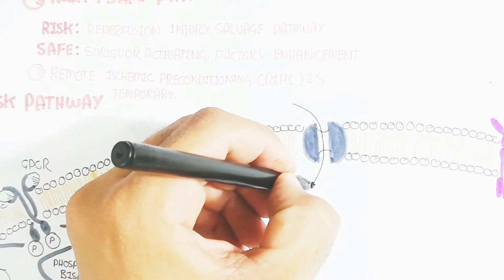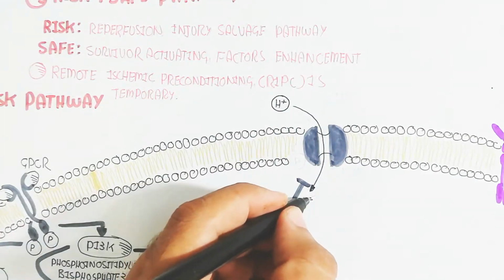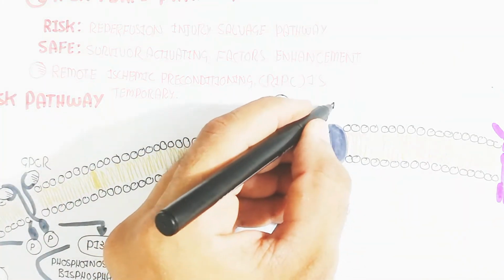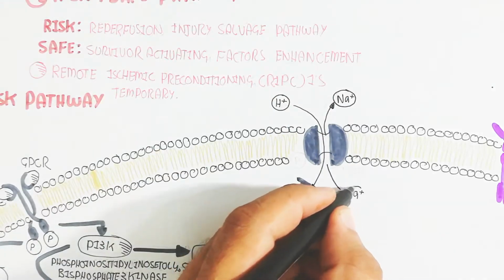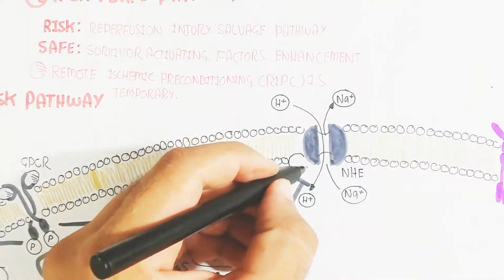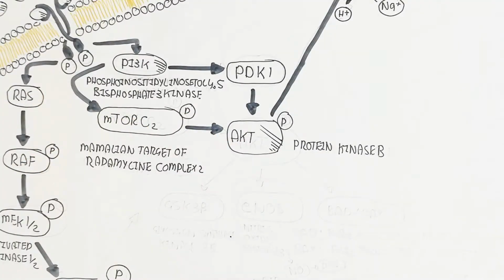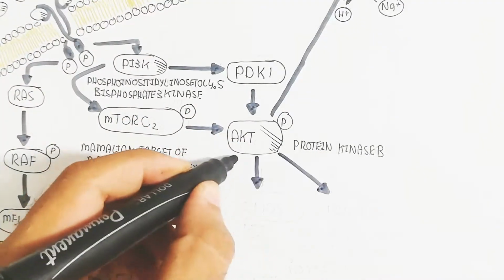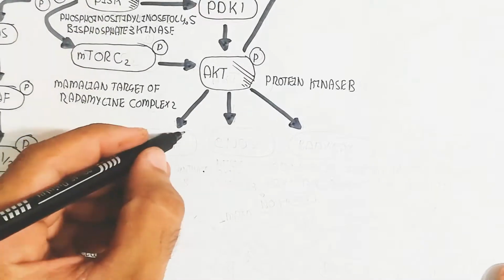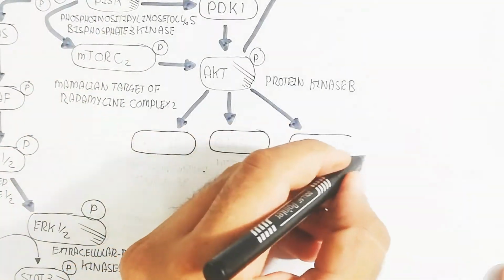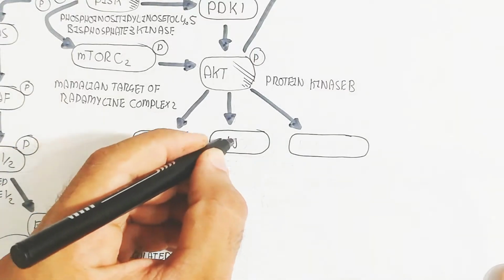In this way sodium and protons will not exchange, and the protons will not move inside to increase acidity. So the acidity will not increase in the cell, which prevents cell lysis and plasma membrane lysis.